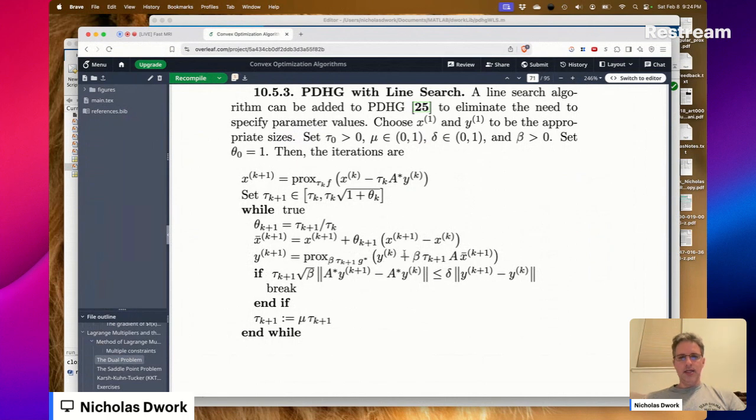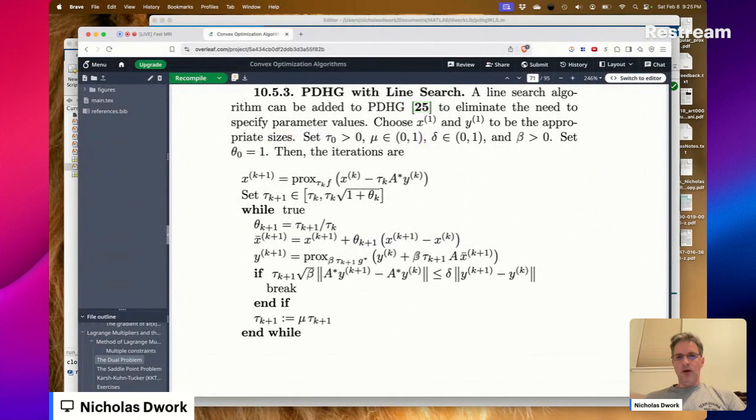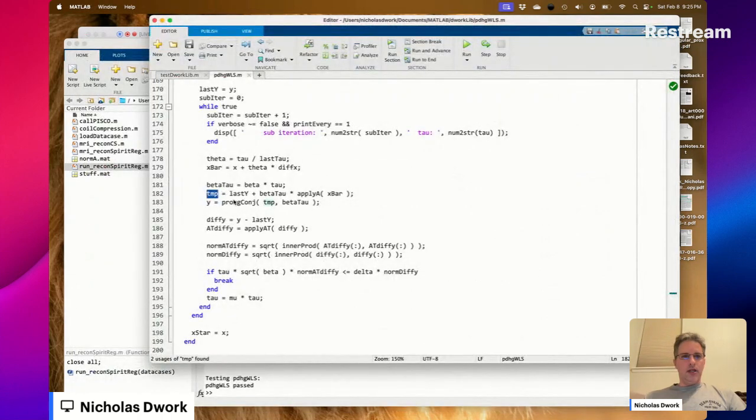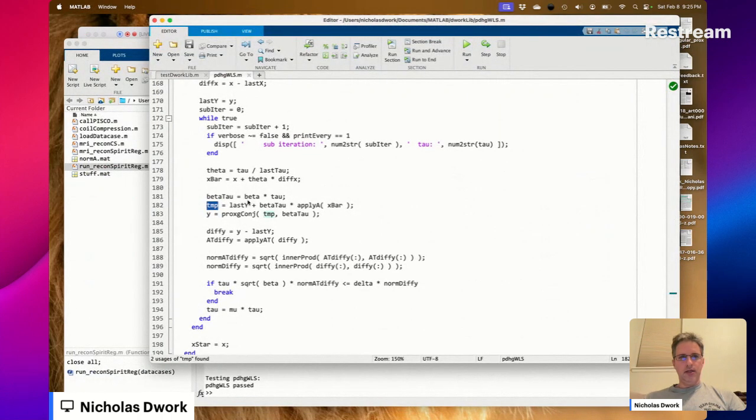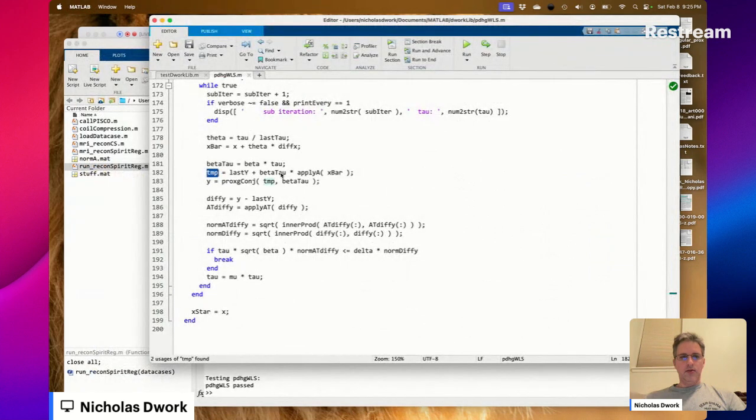And then y is, let's see, prox g. So we're going to create the input first. y plus beta, last y. I see, last y is equal to y. Last y plus beta times tau.